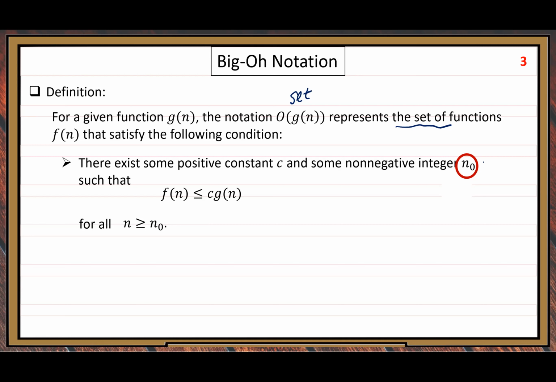In our limit way, we never used the notation n0. Why do we introduce some new notation in the formal definition? Actually, this little n0 has an important role. It makes our understanding harder, but it's necessary. So we need it.